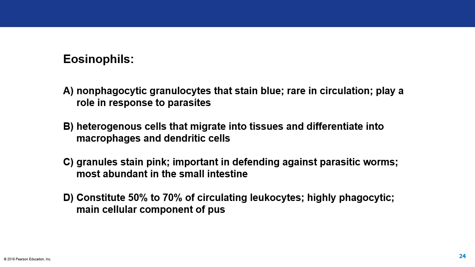I'll leave it up some more. For which one? For which cell? Follicular dendritic cells are only found in the lymph nodes and also in the spleen.